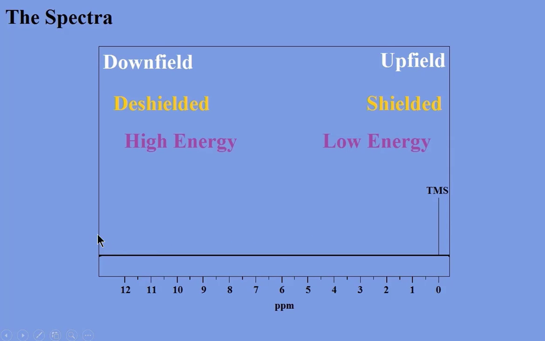But as we move downfield to the left, we start to see increasingly more deshielding, and that deshielding, as the localized field eventually works together with the external magnetic field, creates a field strength at the nucleus which feels stronger than just the external magnetic field alone, and so we're getting a bigger energy gap and needing higher energy radio frequency radiation to flip the proton into resonance.